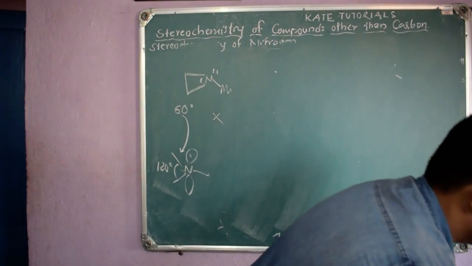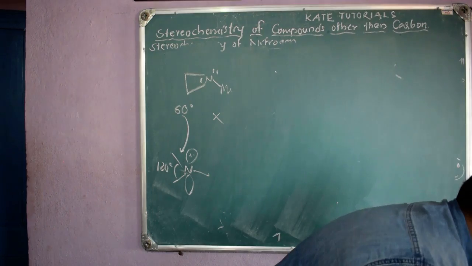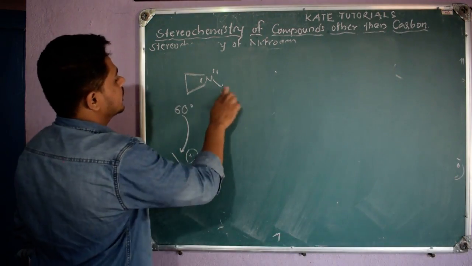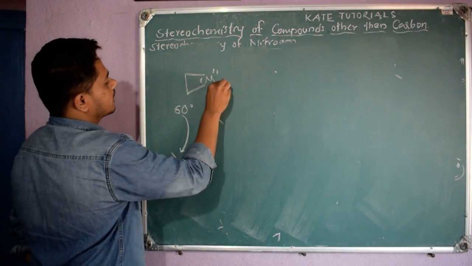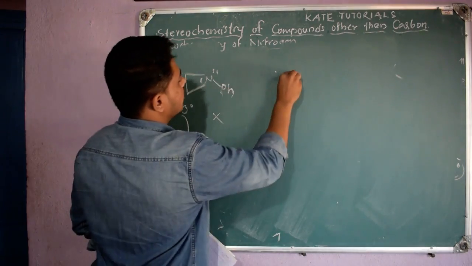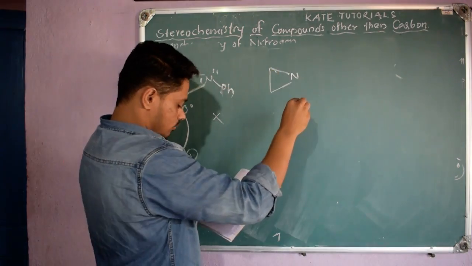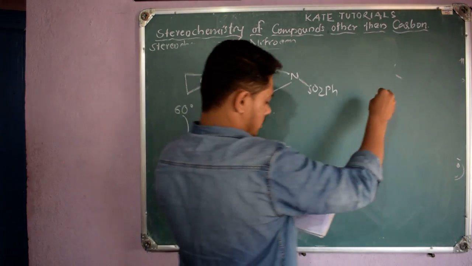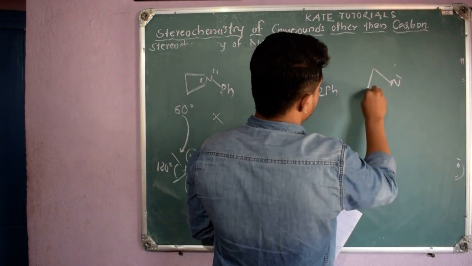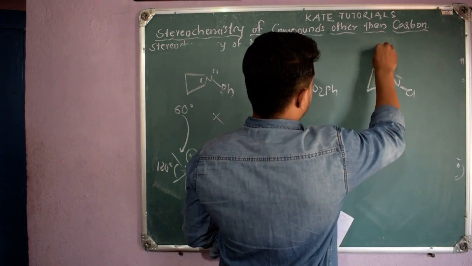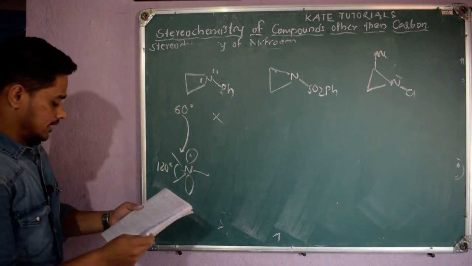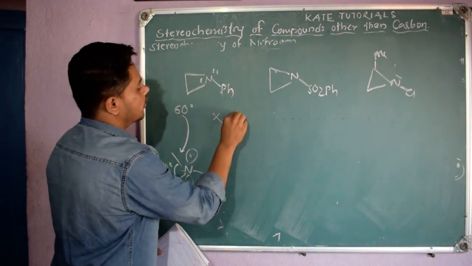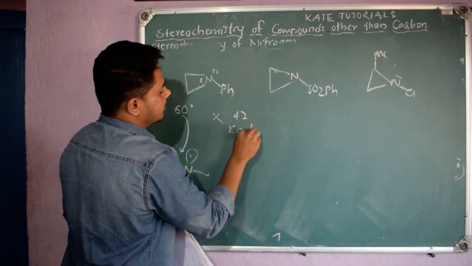And if we want to see the energy of it, they have given here, they haven't taken methyl, they have taken phenyl. This is one molecule, SO2Ph, and they have taken one more molecule, this one. Here chlorine is there and here methyl, and they have written the energy. For this it is 47 kilocalorie per mole.